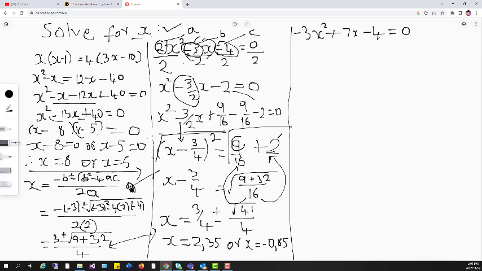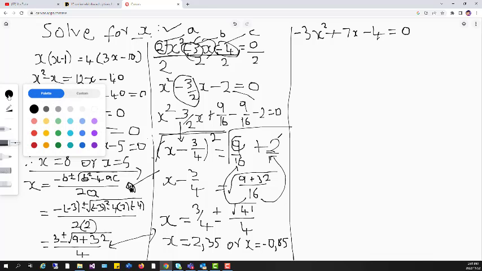So remember, we had 2x squared minus 3x minus 4 equals 0. If we say solve for x, and you can't find the factors of that, and you're not told which method to use, then it's your personal choice whether to complete the square or to use the quadratic formula.